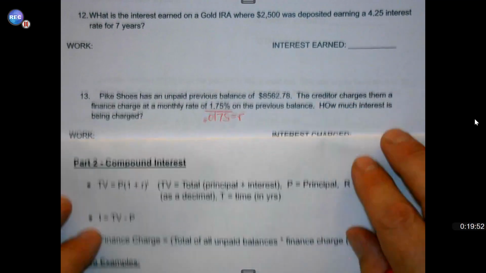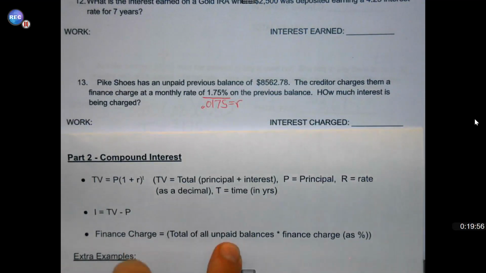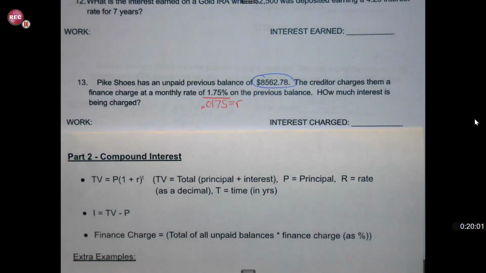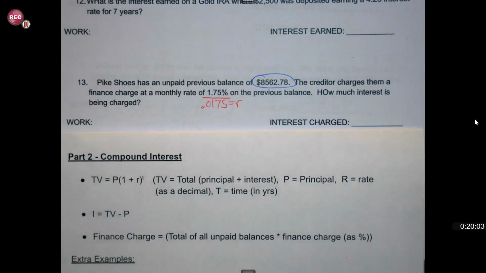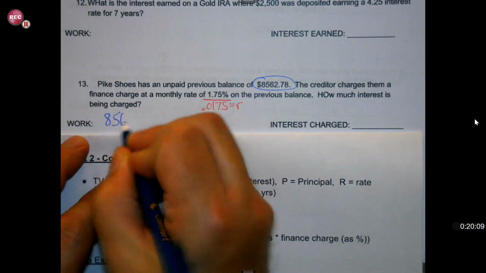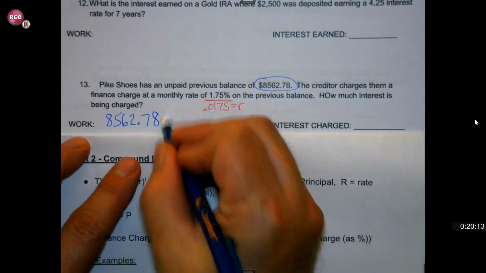So I pull this back out and I go, okay, finance charge. Total of all unpaid balances. Well, this time, it's only that one number. If there was more than one number here, I'd add them up first. But this time, it's only the one. So 8,562.78 times the finance charge.